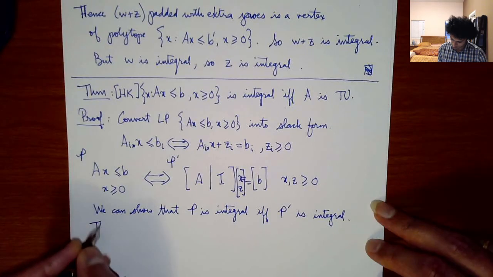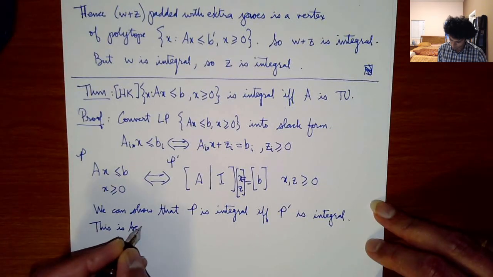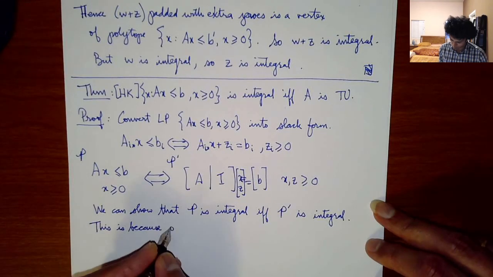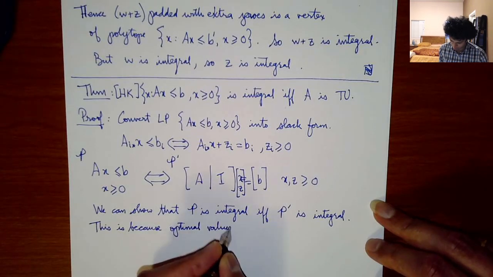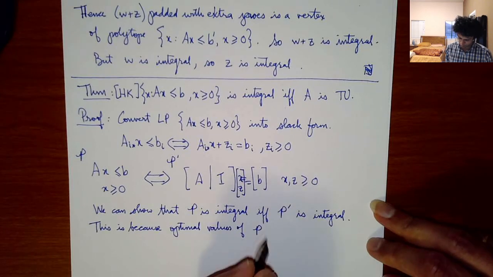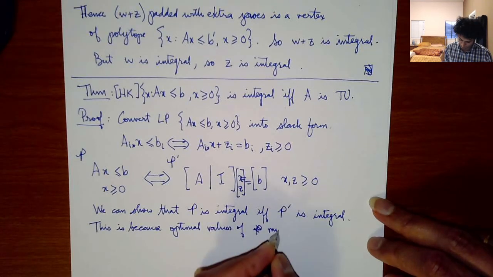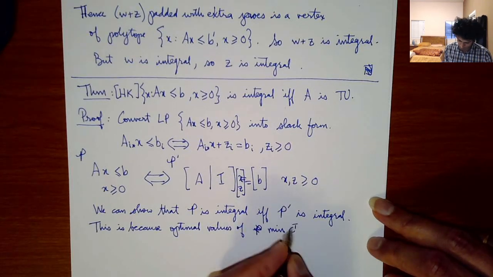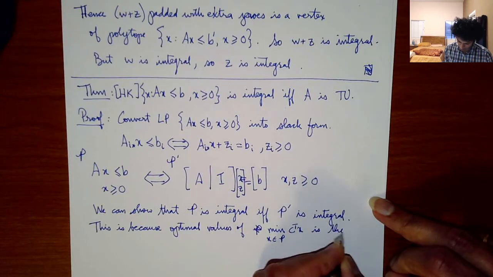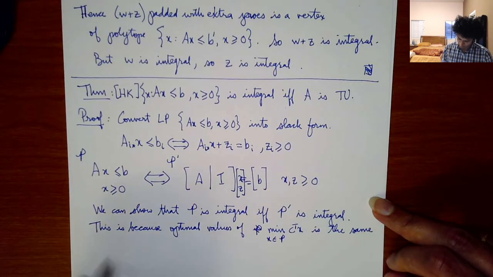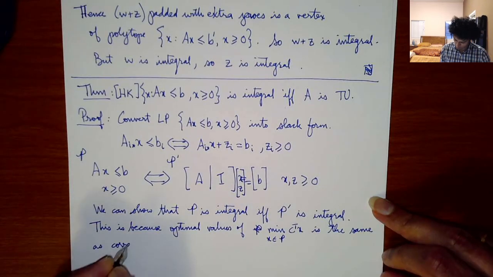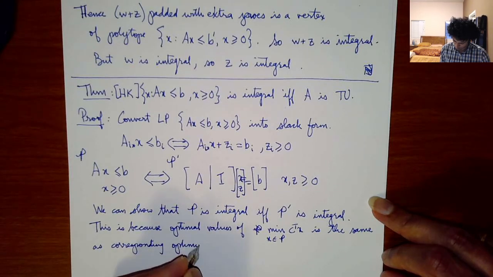So we can show this. This is because the optimal values of doing something like min c transpose x, x in P, is the same as a corresponding optimum in P prime.